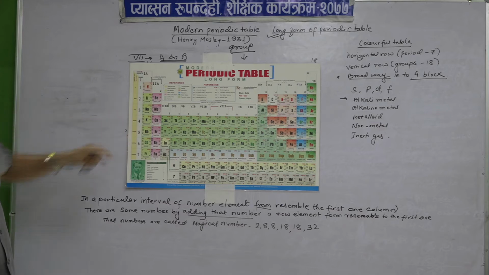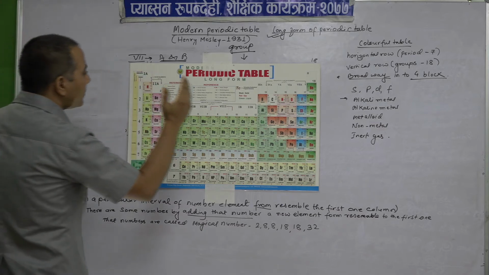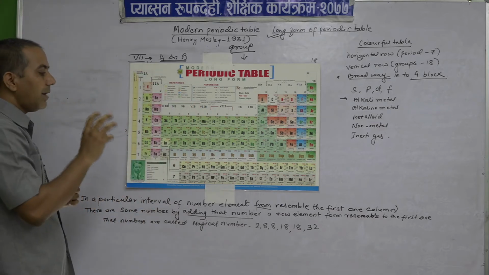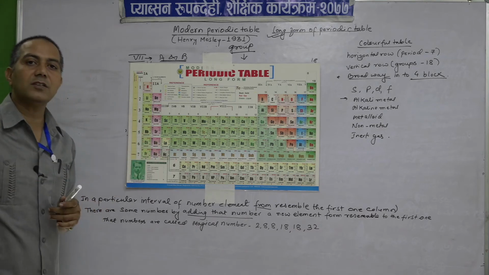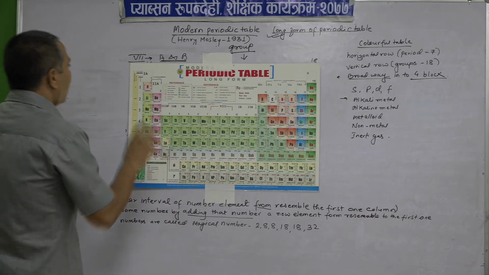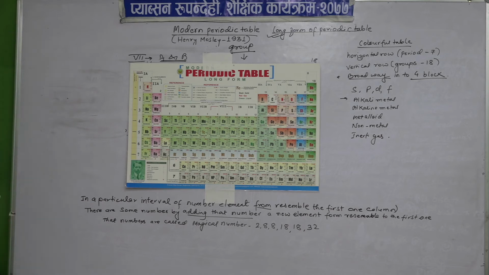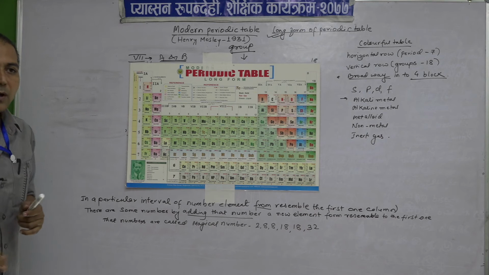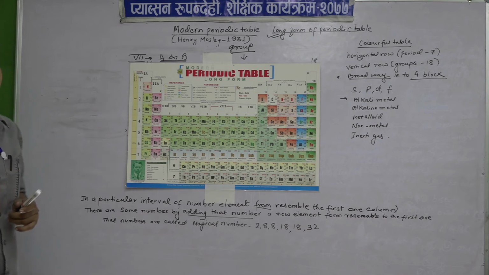Means at particular intervals of number, the elements resemble the first one. By adding a certain number we can find the elements below, and that is called the magic number.